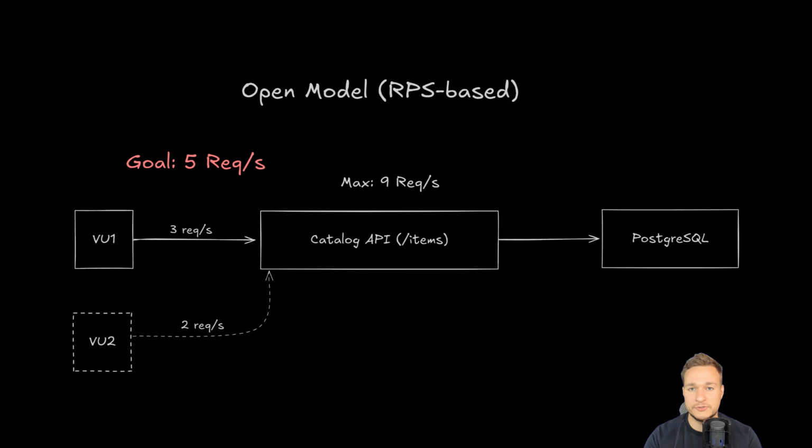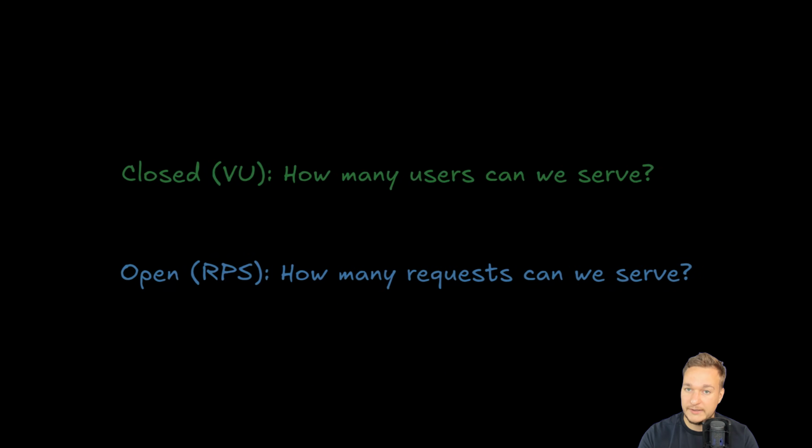If one virtual user can only handle 3 requests per second, because the API is slow, K6 will automatically create a second virtual user to handle the remaining 2 requests per second. The big difference: the closed model tells you how many concurrent users you can support, while the open model tells you, can I handle this specific load under my SLA requirements? Both are essential, but for different reasons.